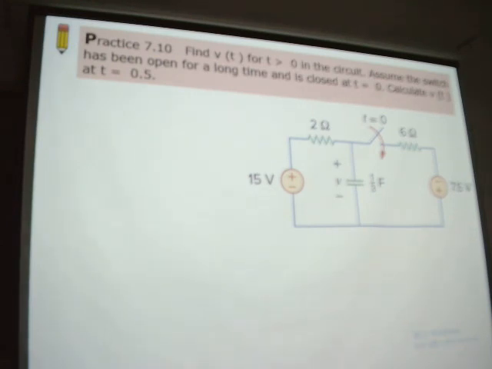Here, this one is step 2, this one is step 1, this one is step 3. Now we go to step 3 and calculate the VS. This VS means the steady state. In the steady state, the capacitor will be open. Clear?